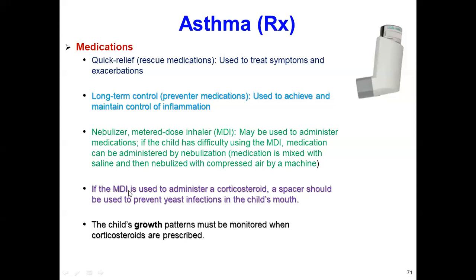If an MDI is used to administer corticosteroid, we should use a spacer, which prevents yeast infection in the mouth, right?